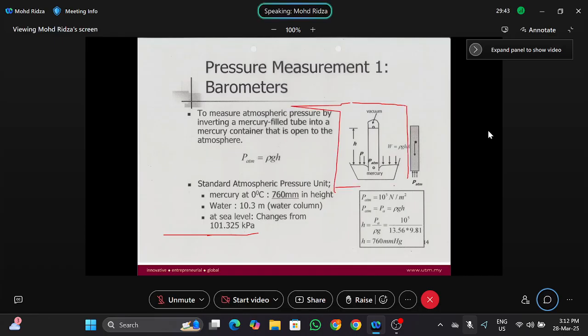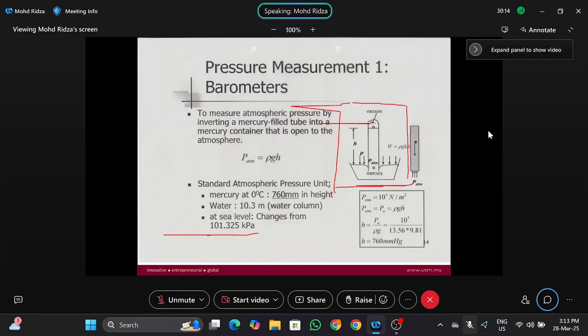You have a container, and in the container you have an inverted tube, and then we put mercury. The complex thing is to make sure that the area in the tube is a vacuum, meaning the absolute pressure is zero.